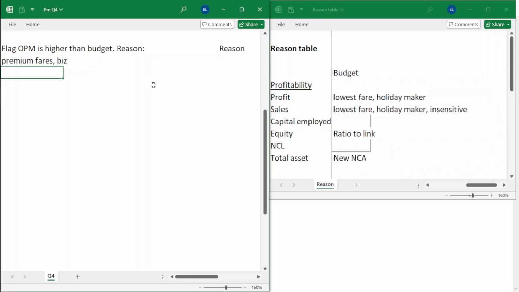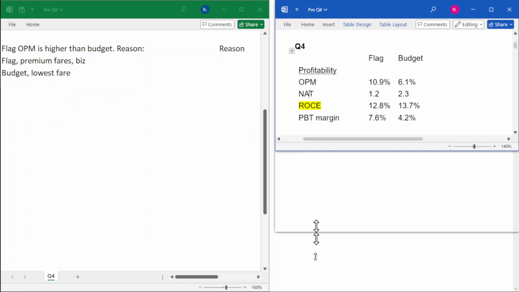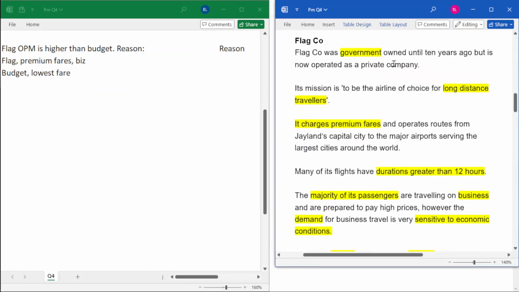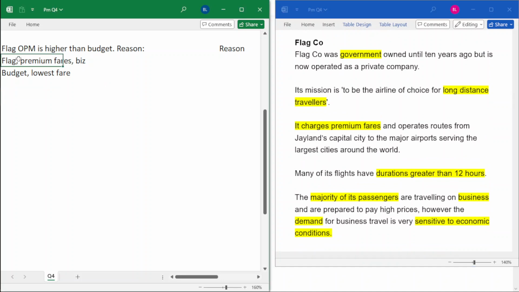Budget is lower fare and holiday maker. So let's put in proper sentence. Flat charges premium fares, and then let's link to the business passenger.